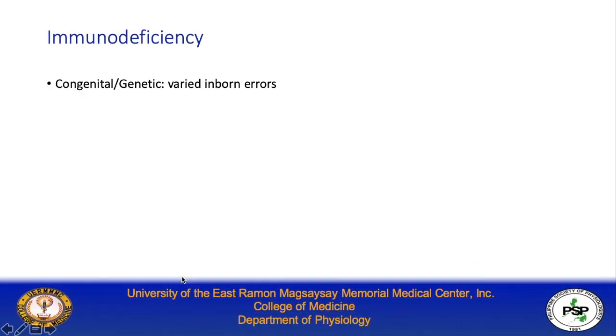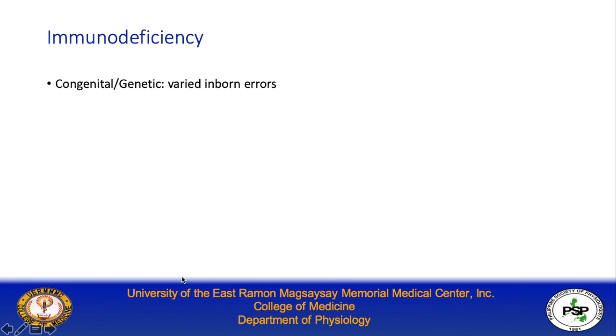For immunodeficiency, this can either be congenital or acquired. When we say congenital, there is a varied inborn error. So meaning to say, this person's body has difficulty in producing certain immune factors. Example would be if it cannot produce the gamma globulin in the antibodies.